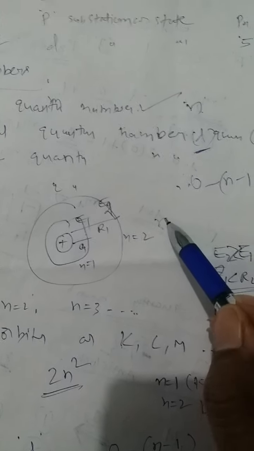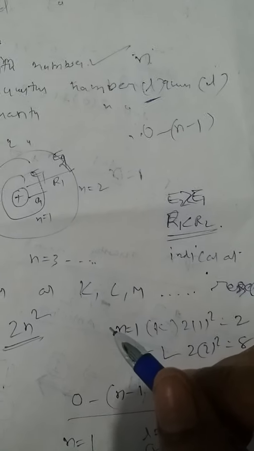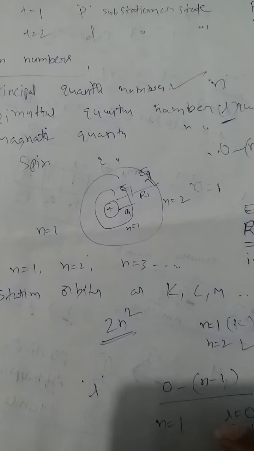For example, n equal to 1 has only one substationary state and its l value is 0. I have already explained this azimuthal quantum number concept in the Sommerfeld model.